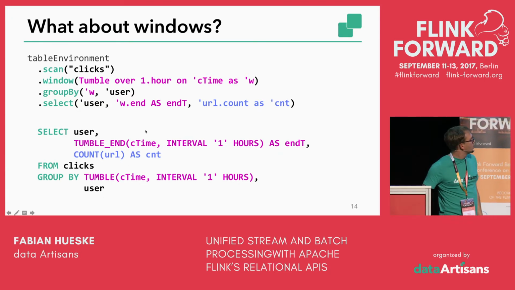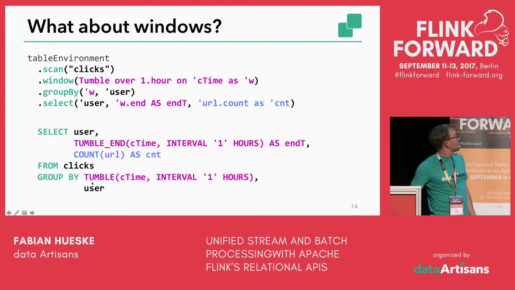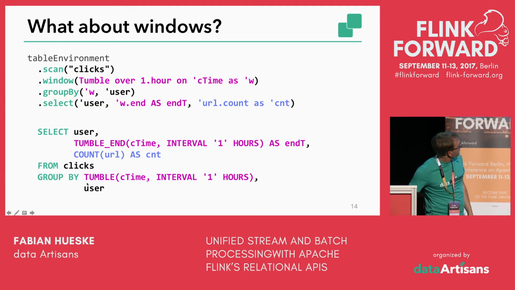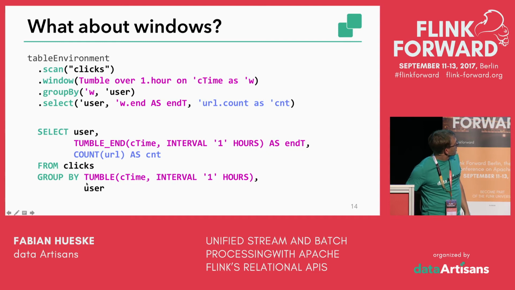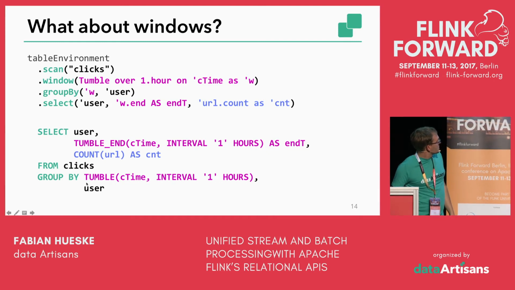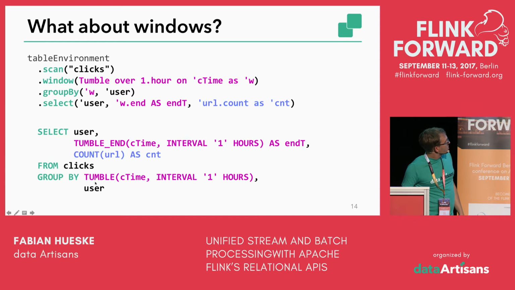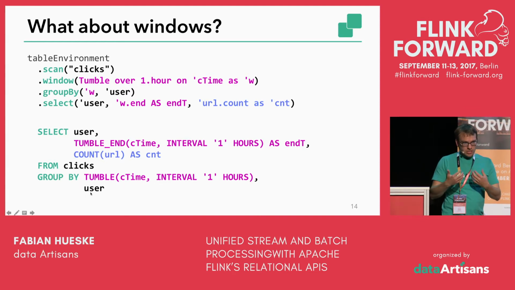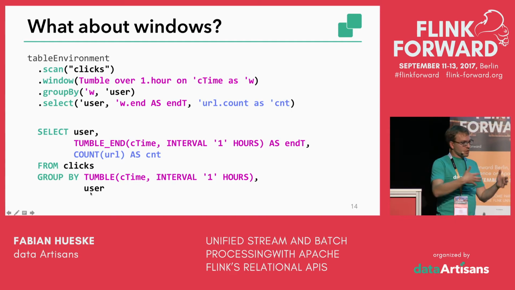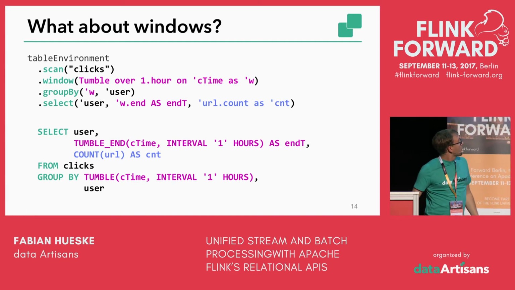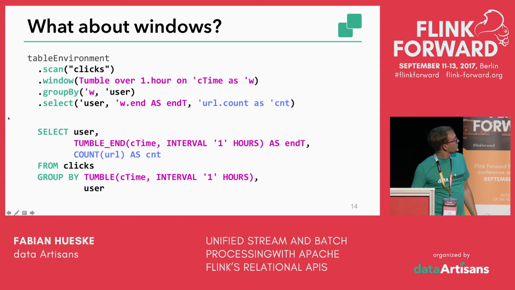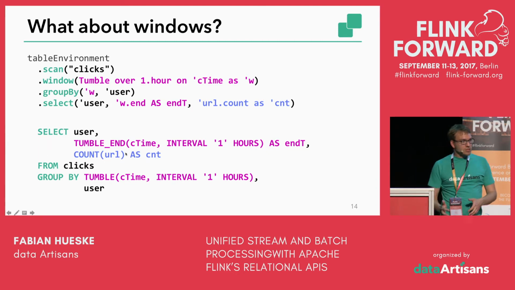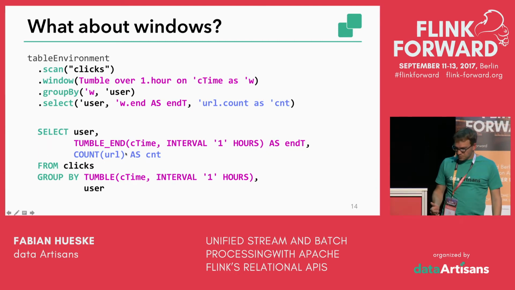In this case, you basically see we say group by tumble, click time, interval 1 hour. Again, the window clause is going into the group by clause here, and in the select clause again we have something which fetches the end timestamp of the window.